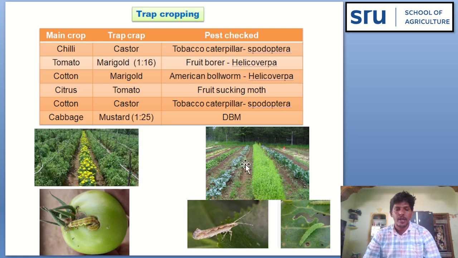Similarly, in cabbage, we are growing mustard as a trap crop. Here also we have to maintain a ratio of 1:25 for effective management of the diamondback moth. So here the ratio is one row of mustard for every 25 rows of cabbage. So that pest can be managed effectively.